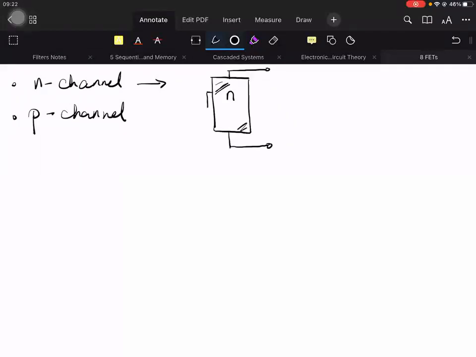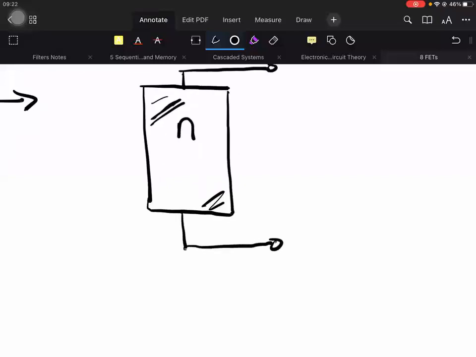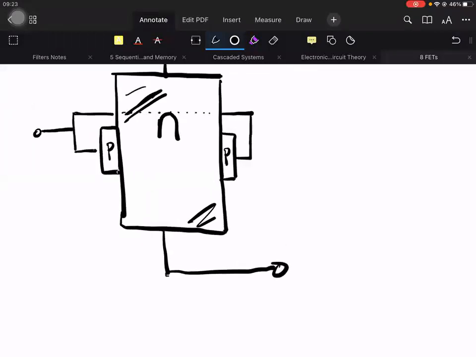And there is a very small P-type material, but it's not like the BJT that is sandwiched. And these two P-type materials are both connected with each other.